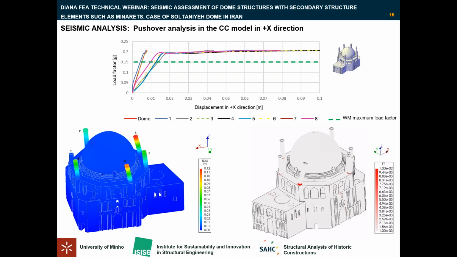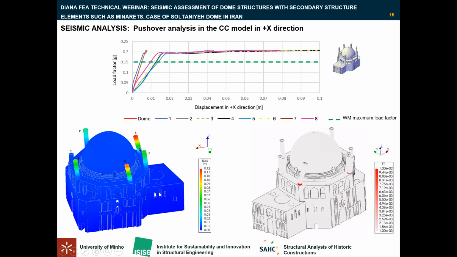Minaret number 2 experiences a displacement of 44 millimeters at maximum load factor. This value for displacement can be attributed to the lack of connection between the steel tie and the base, since the consolidation focused solely on the upper part, neglecting the connection between the base of the minaret and the roof. Here.